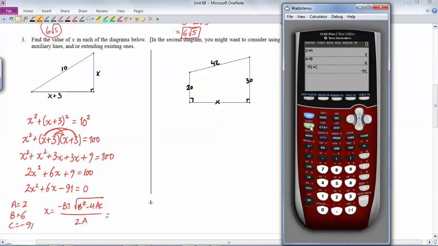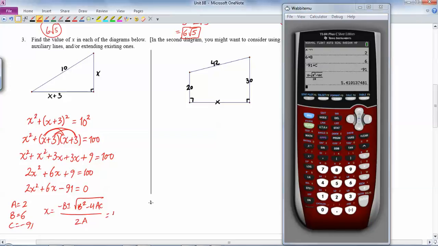And so then I'll get my fraction by doing alpha f1, numerator over denominator, negative b plus the square root of b squared minus 4ac all over 2a. And so we get 5.410.